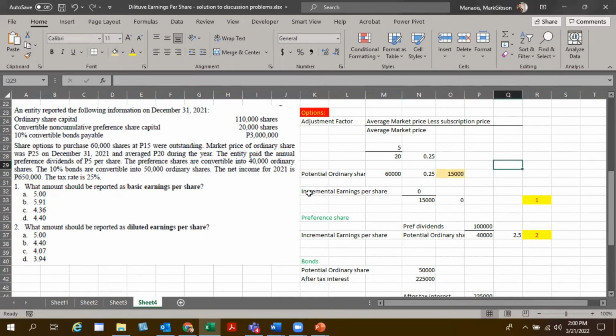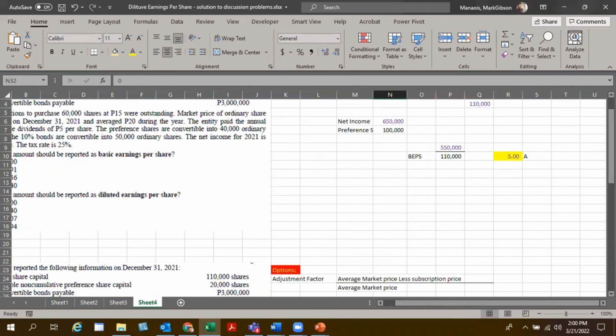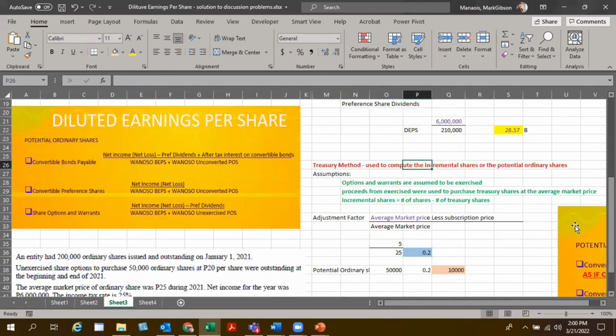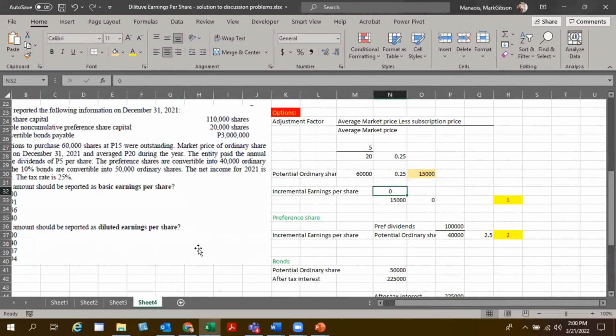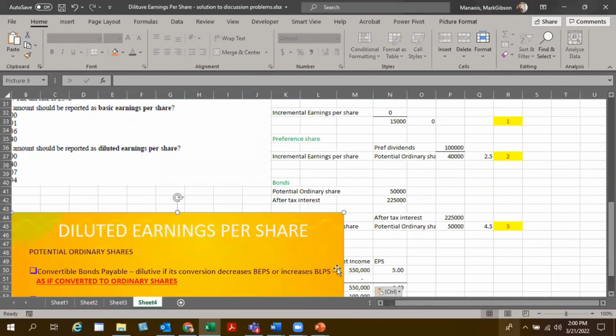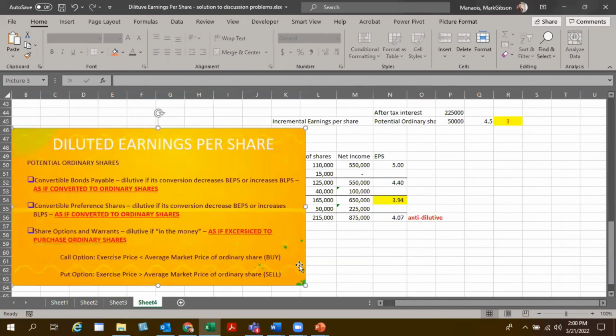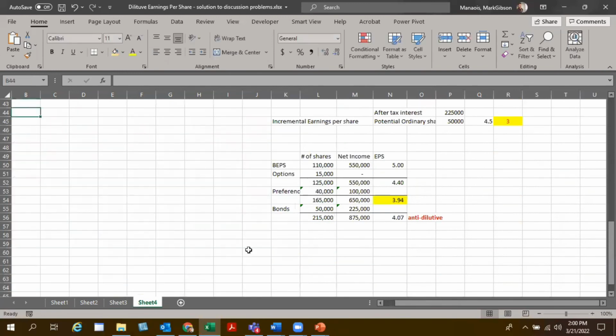So the incremental earnings per share, sabi natin, di ba?